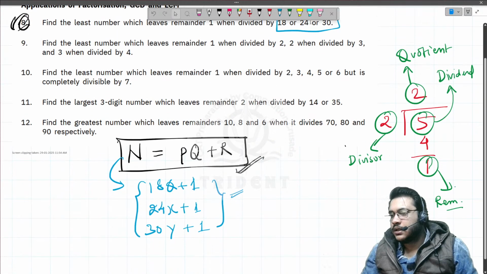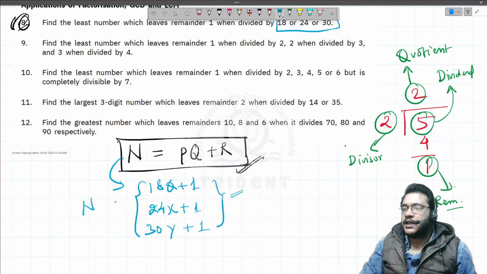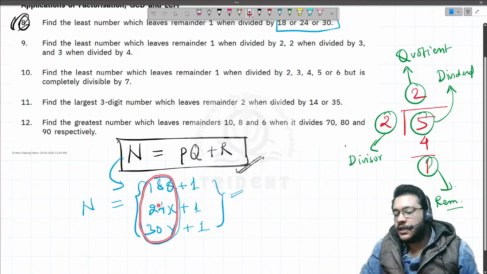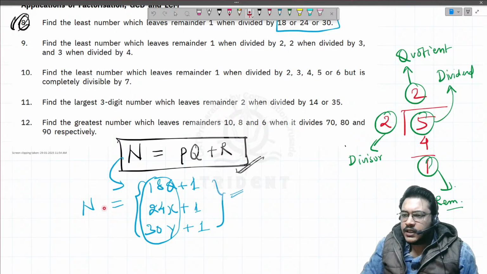Okay. Now what can be the number? Obviously I need the least number. Now understand this, it will start making sense, कि LCM plus 1 क्यों करता है. If the number n is represented by this equation 18q plus 1, definitely when I divide n by 18, the remainder is 1.